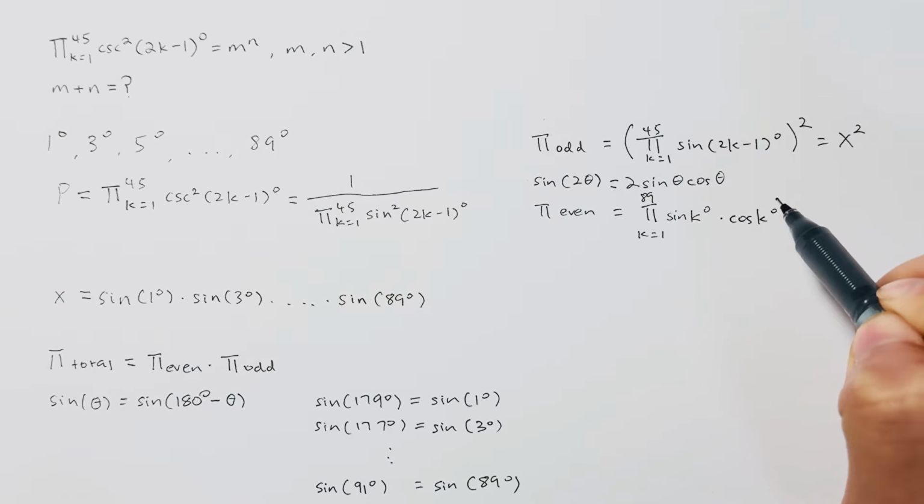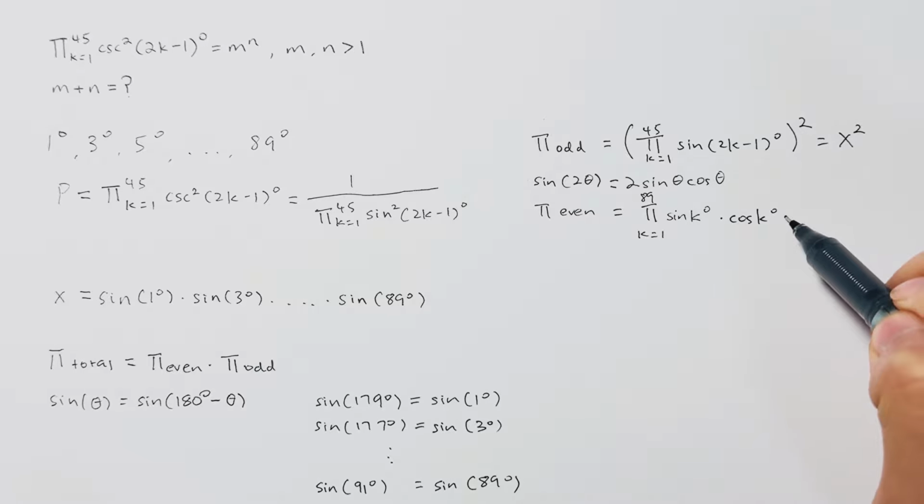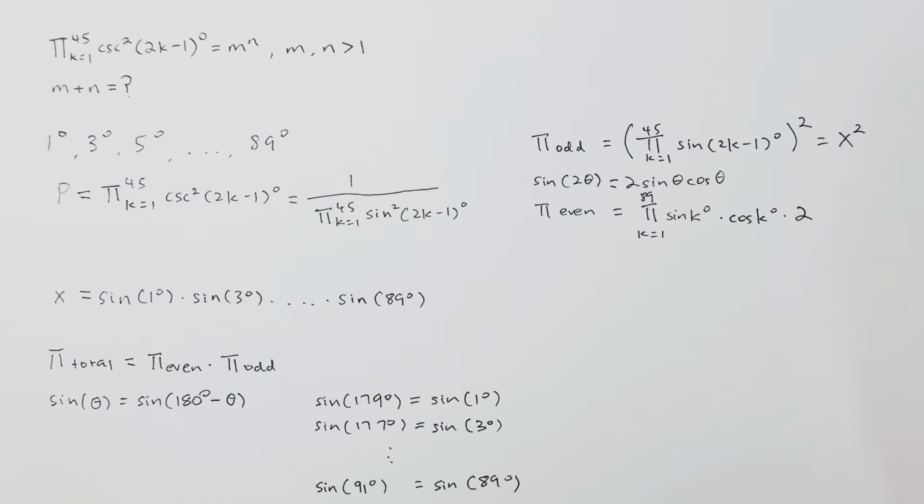And then don't forget the 2 here. So then you can factor out the 2's, and there are 89 terms, so we can pull out 2 to the power of 89.